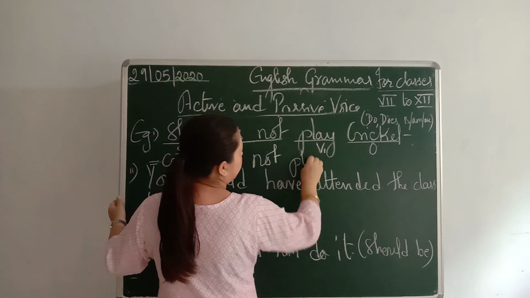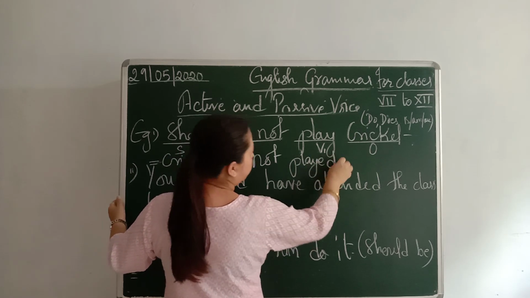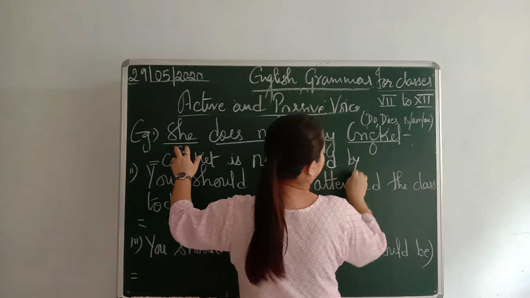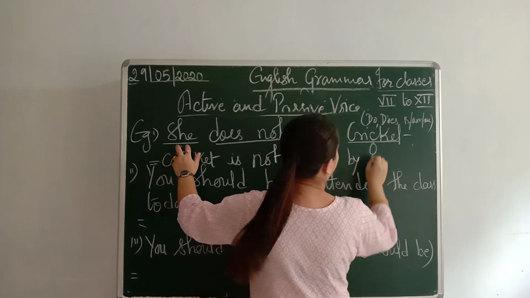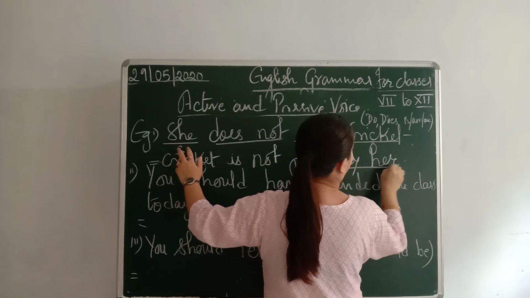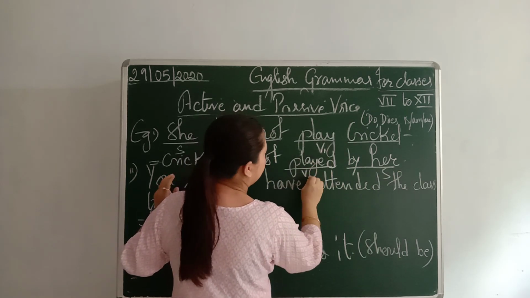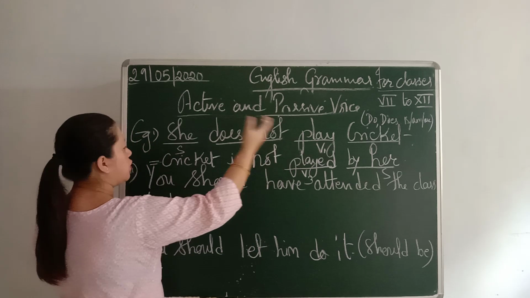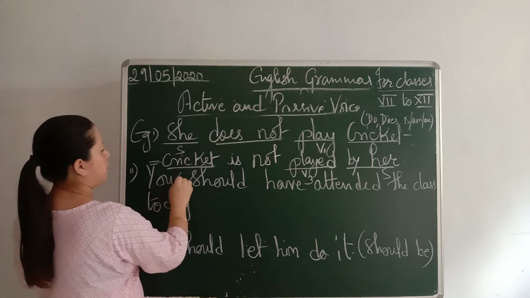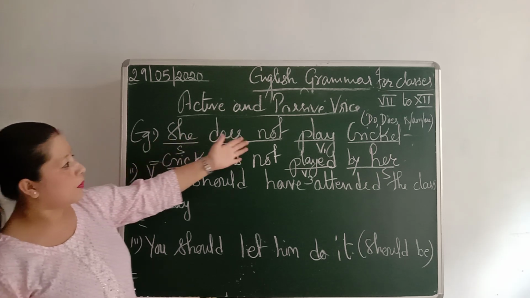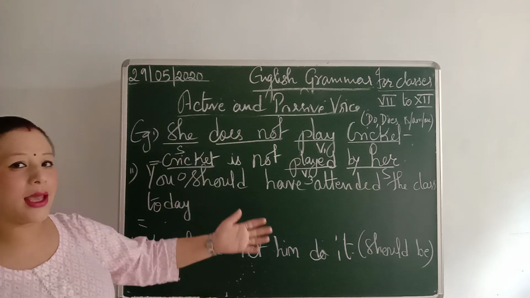Now this will be changed into the verb in the third place, played. Then here she becomes by, that is the preposition word by. Then she becomes her. So you brought the subject at the last, the verb in first place became the verb in third place, and the object cricket you brought in the first. Is that clear? Is it understandable? I hope. She does not play cricket. Cricket is not played by her.